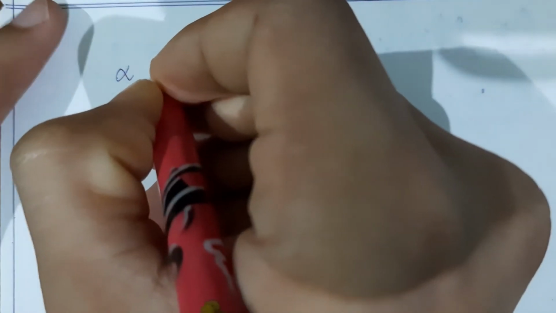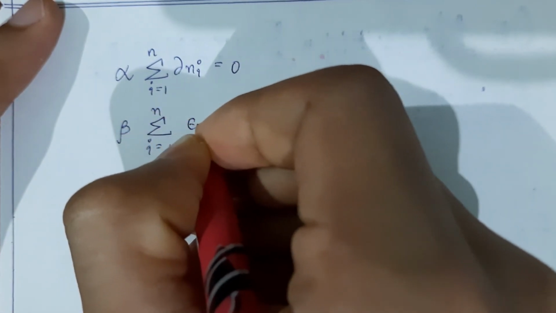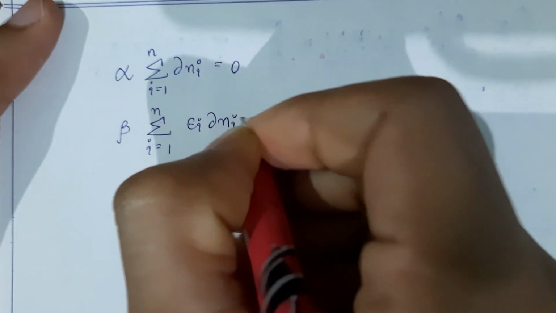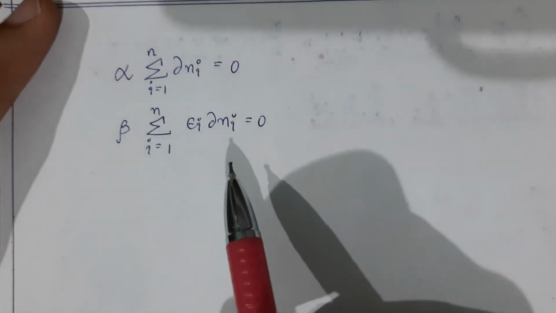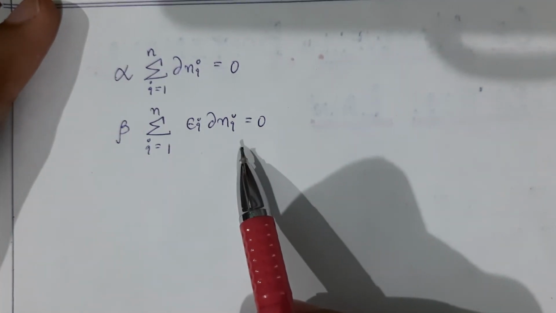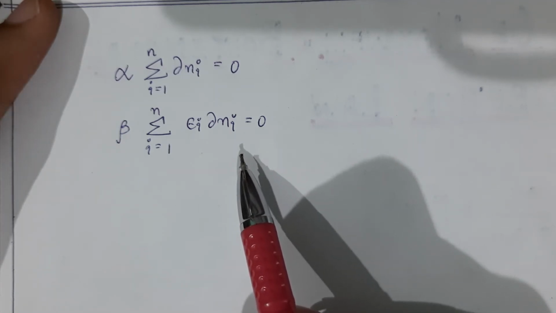So let us give those two constraints certain constant values. Let us write alpha times the summation of d of Ni is equal to 0, where i is varying from 1 to n, and beta times the summation where i equals 1 to n of Ei d of Ni is equal to 0. These are our two constraint values that we have seen earlier, and in order to incorporate these constraints into our equations, we need to use Lagrange multipliers, which is quite a deep concept.